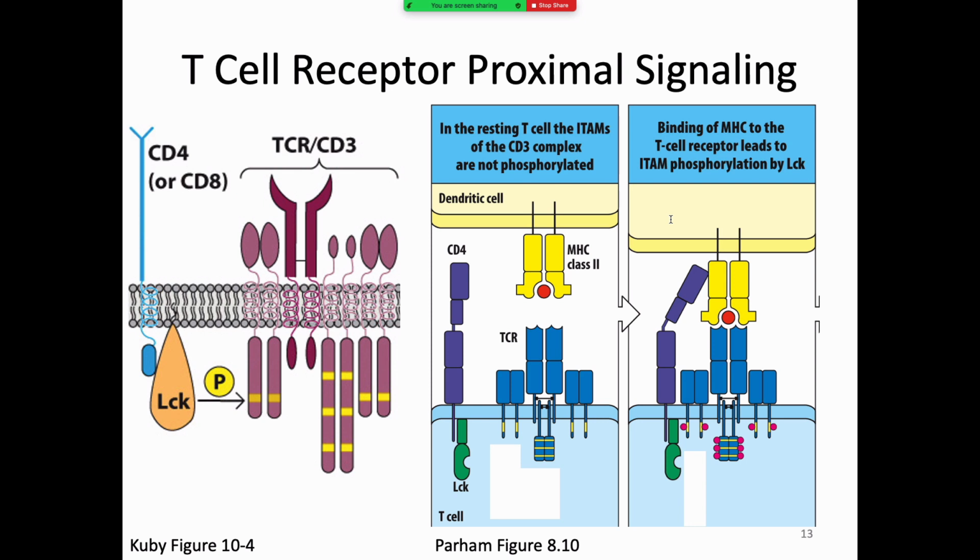And when they're close, now our kinase, LCK, can phosphorylate the ITAMs that are on the CD3 molecules. And so you can see the phosphorylations as pink dots that are added to those ITAMs because our kinase, LCK, has been brought into proximity to CD3. This is, in fact, an example of something called the induced proximity model of signaling.